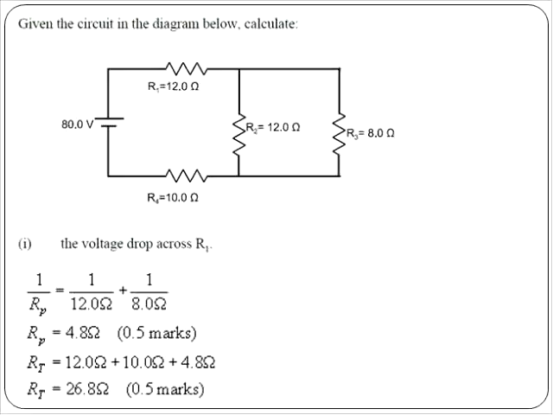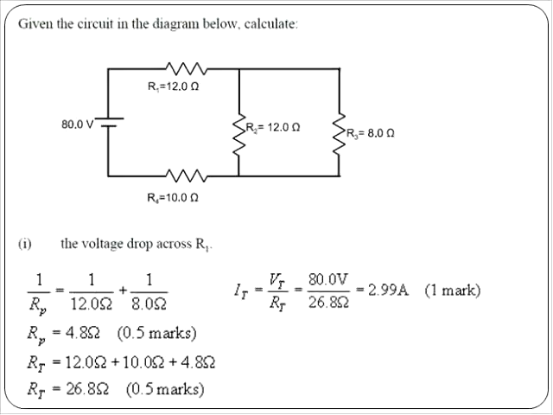IT equals VT over RT. That's 80 volts divided by 26.8, the total resistance, which gives you 2.99 amps. And remember that the current in resistor 1, because it's part of the series part of the circuit, whatever current leaves the battery has to be in this resistor as well. That also tells you I1, because they have to be the same. There's no split.